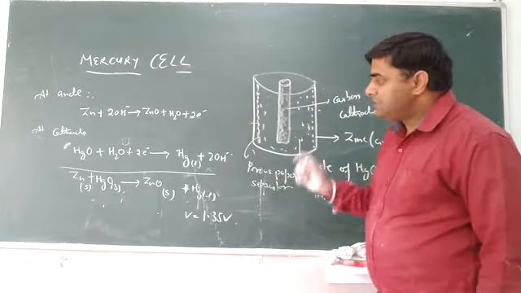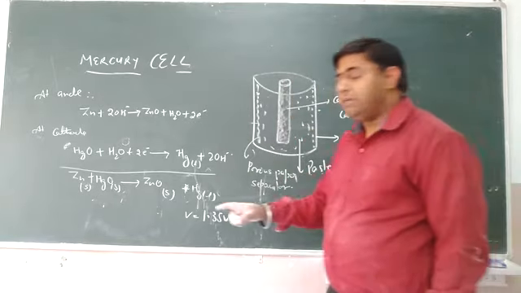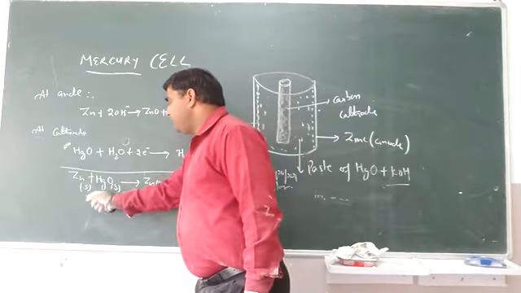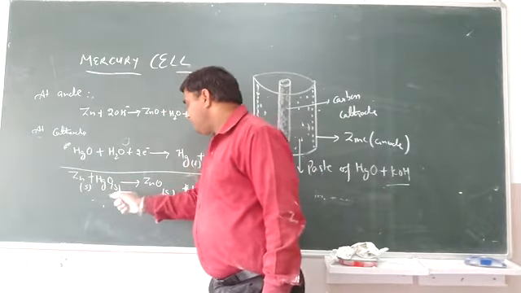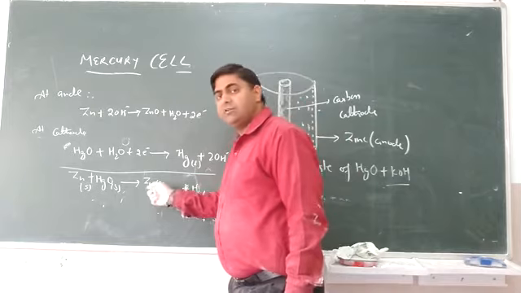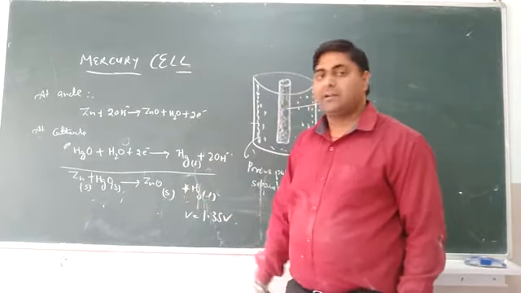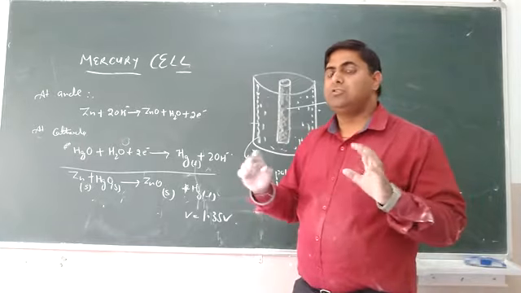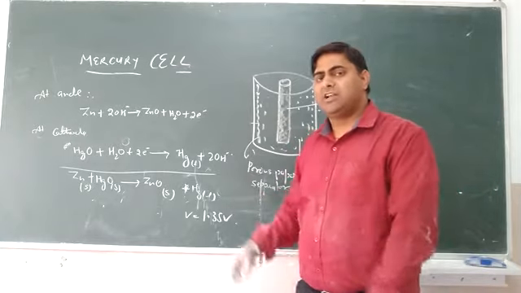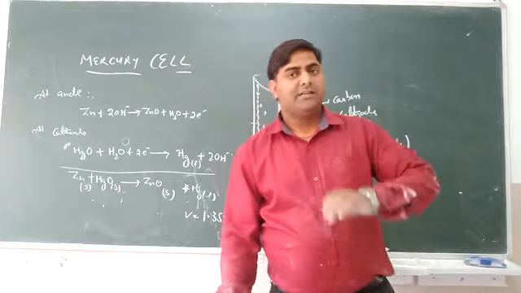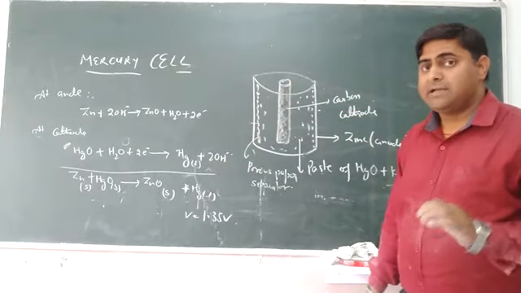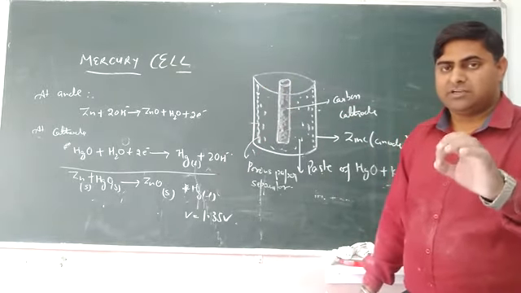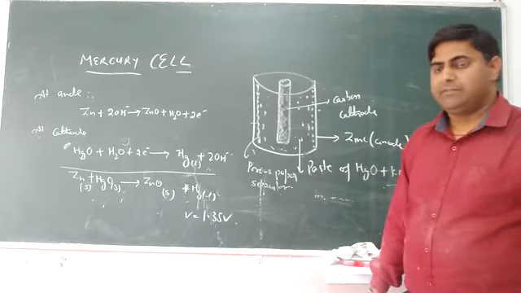Because when we see the overall reaction in the mercury cell, zinc solid plus mercuric oxide solid get converted to zinc oxide solid plus mercury liquid. Since the overall reaction does not contain any concentration term, it means it gives a constant voltage as its concentration does not change.